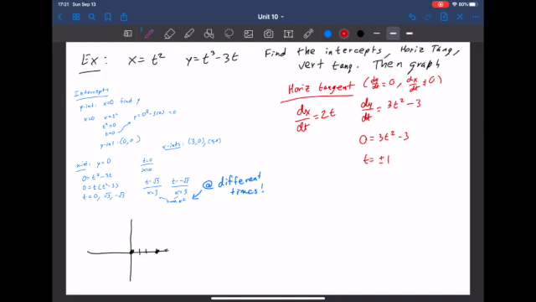So at t equals positive 1, our coordinate would be 1 comma negative 2. At t equals negative 1, still going to get 1, but now we're going to get positive 2. So 1, 2, I'm graphing in the lower left-hand corner.